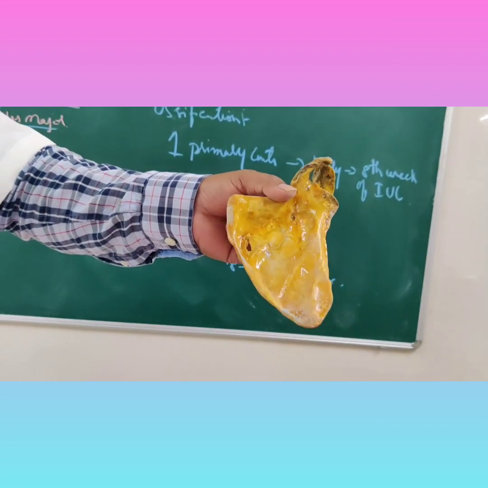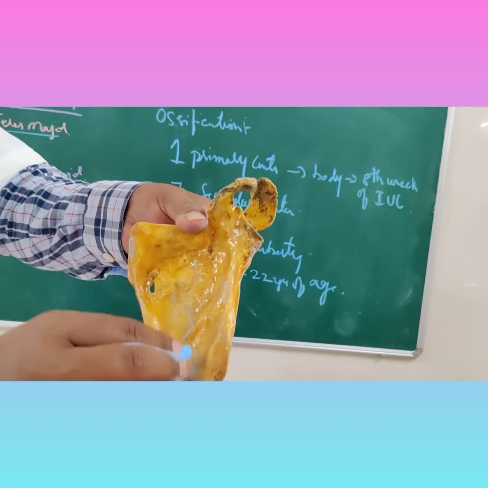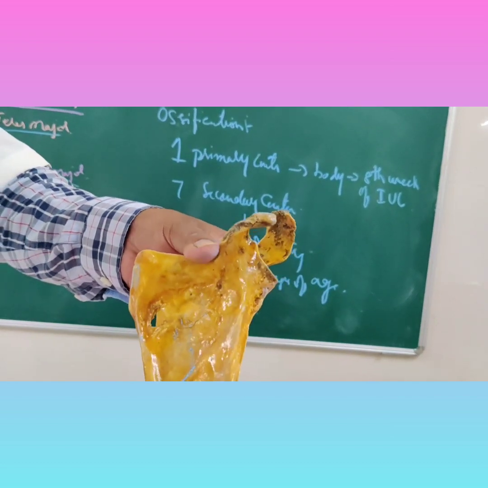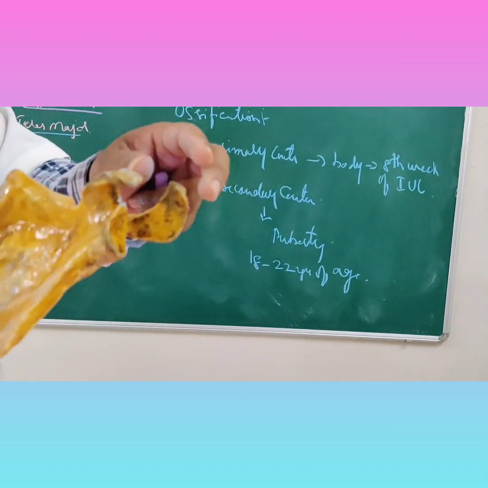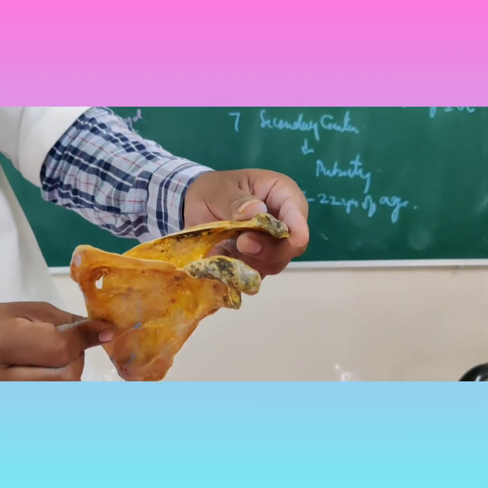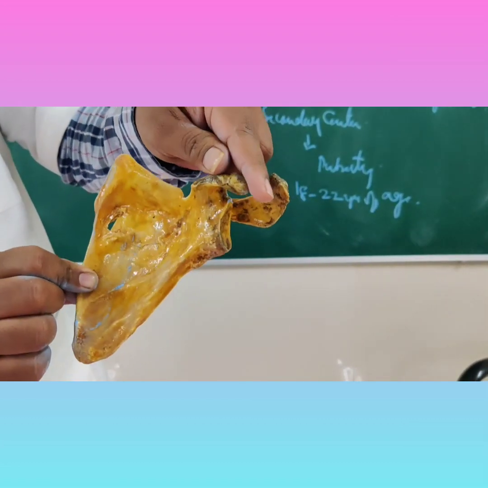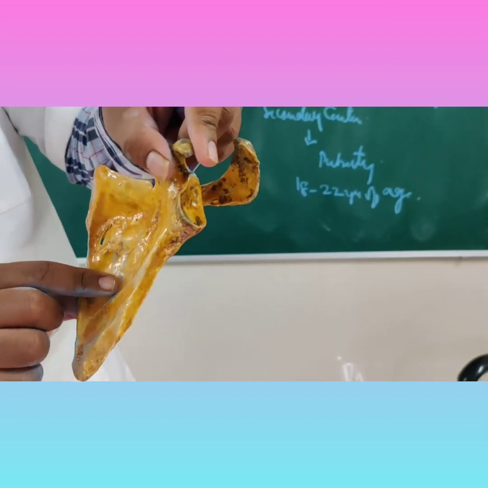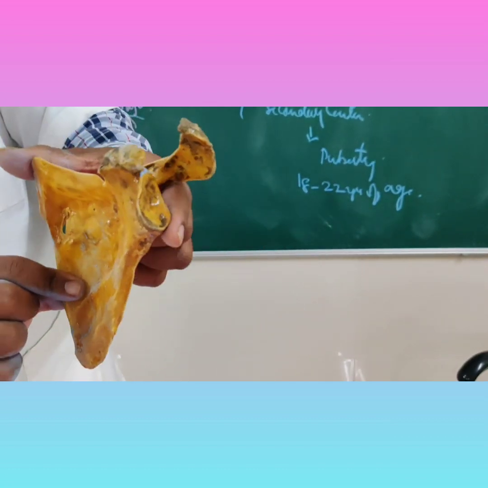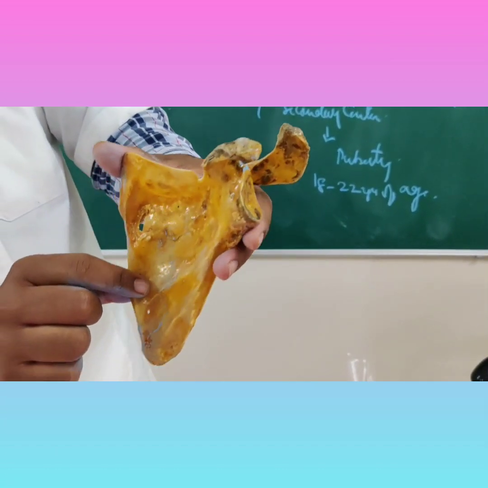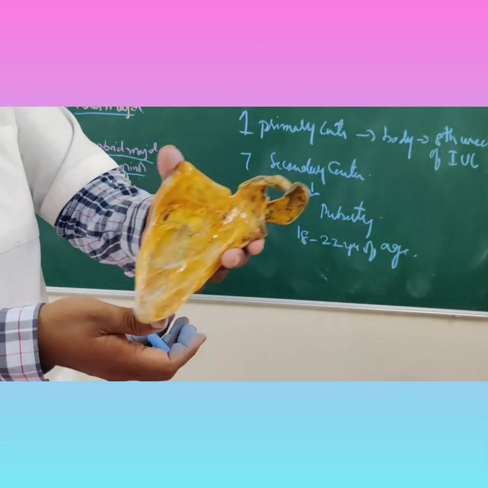The usual sites of fracture are the body of the scapula, then the neck, the acromion process, and the coracoid process of the scapula. These are the common sites of fracture. There are clinical conditions like winging of the scapula. All those things will be discussed in the theory classes.